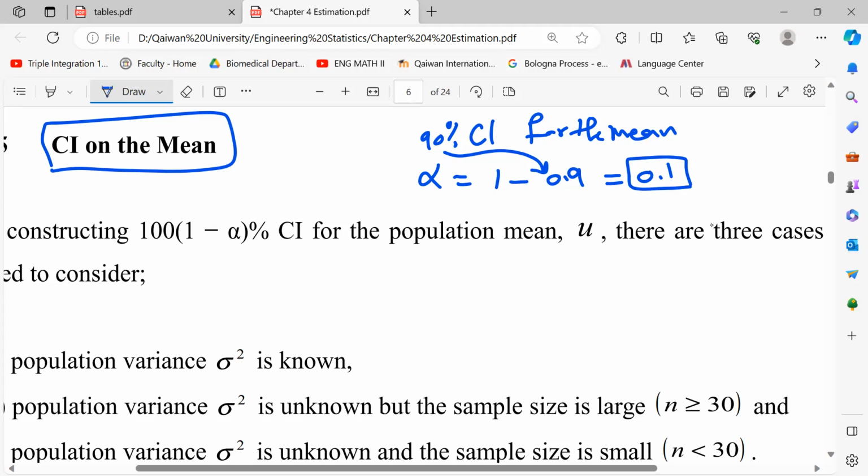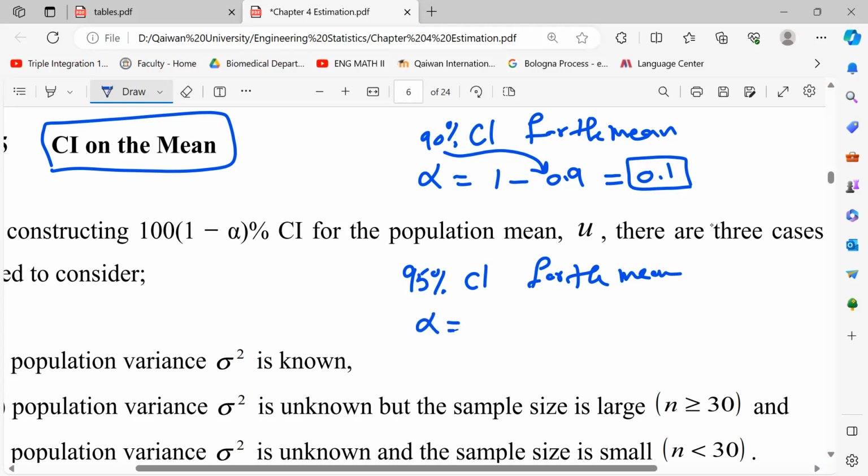What if we are asked to find the 95% confidence interval for the mean? It's the same in all of the cases, in all of the topics.